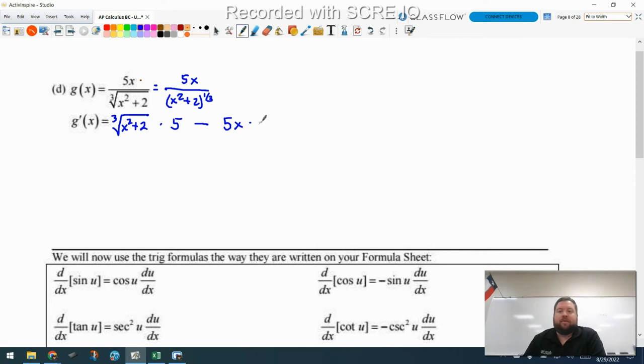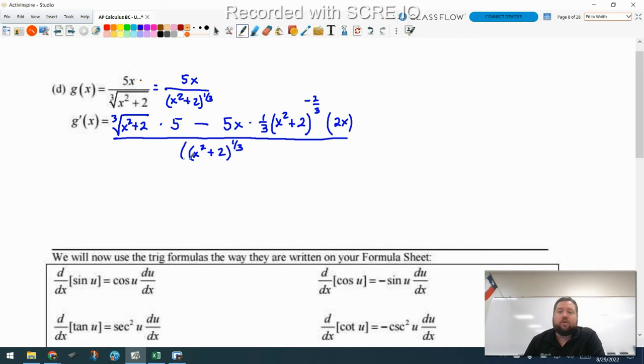Okay, so multiply by 1/3, leave the inside the same, subtract 1 from the exponent, so you get -2/3. And then don't forget your chain rule, multiply by the derivative of the inside, which is 2x. And all of that is divided by the denominator squared.